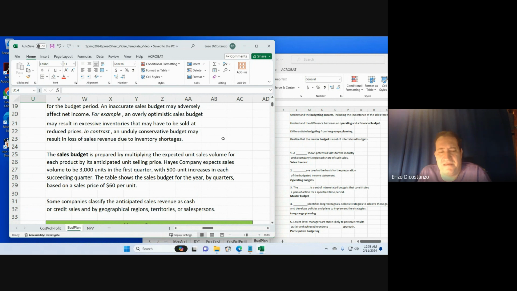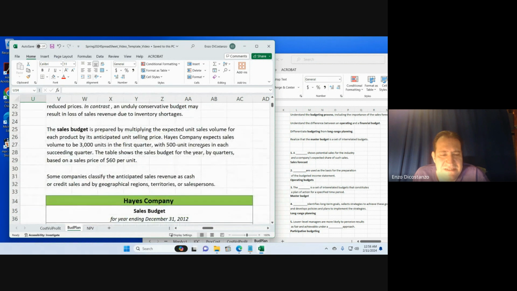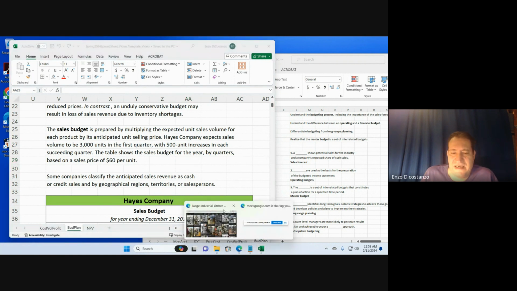So in other words, they think they're going to sell 3,000 of these mixers, and then 3,500, then 4,000, then 4,500. Now it says you're selling these things for $60 per unit. And again, when you saw the prices, they're about 10 times that for a standing mixer. So maybe they're talking about a hand mixer, and a hand mixer probably 30 years ago maybe cost that. So let's see.